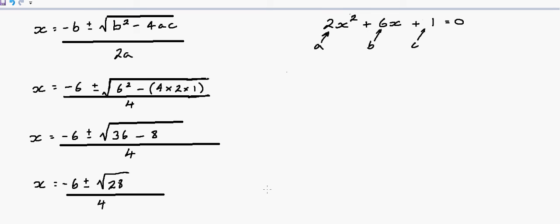Excuse me, sorry, I've got a bit of a cold. So now we find the root of 28. So we have x equals minus 6 plus or minus. So you then go to your calculator and you find the root of 28, and that will be 5.291.